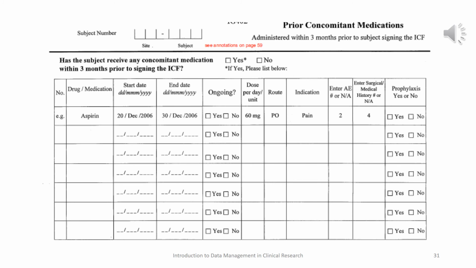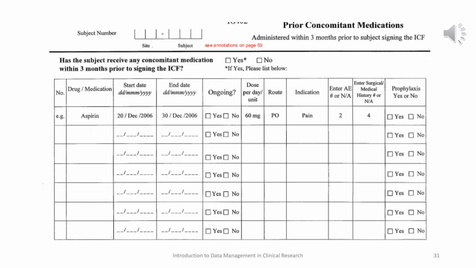If it's a medication that they take on a regular basis, you probably wouldn't have an end date. It probably would be ongoing, probably to help with some chronic disease indication. Then the next column over, we enter the dose per day and the unit. In this case, they've indicated that 60 milligrams is the dose per day per unit.